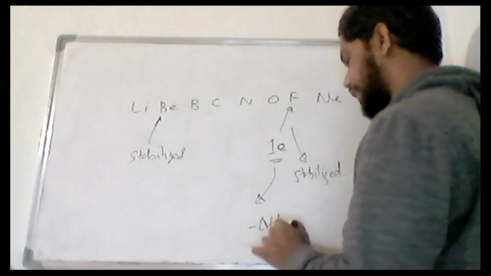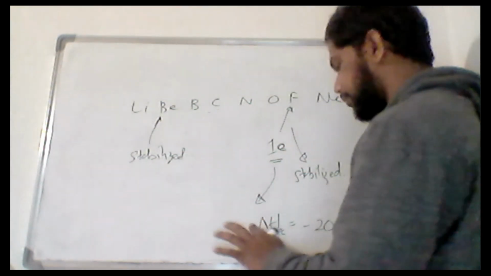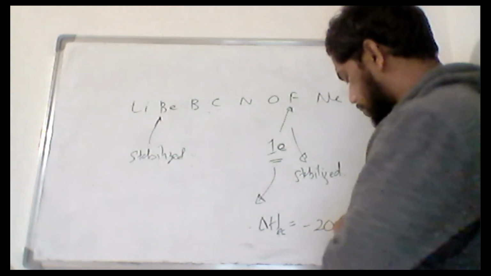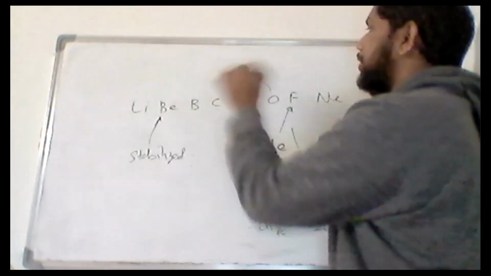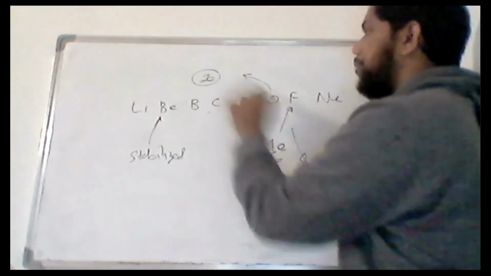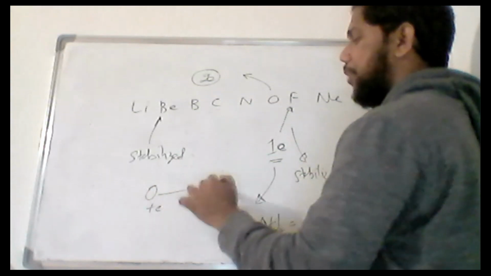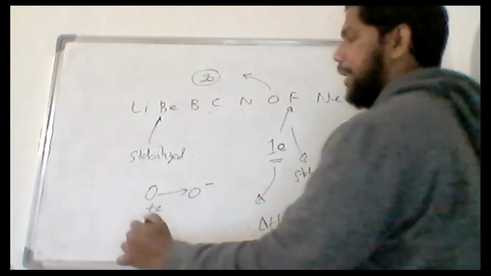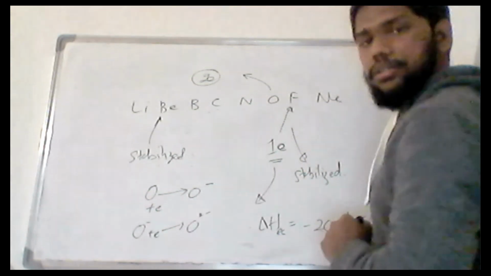We will say the EA is like minus 200 kilojoules per mole. But if you go towards oxygen, it needs 2 electrons. When you add 1 electron, it will be O minus. Then if you add another electron to O minus, it will be O2 minus.